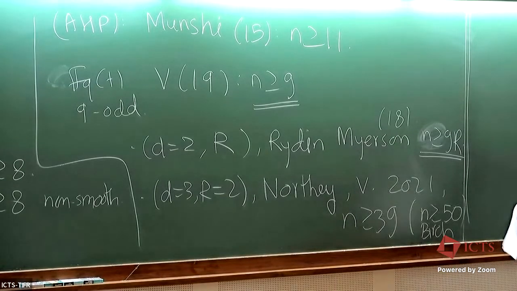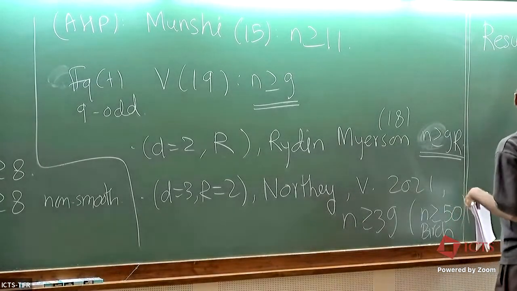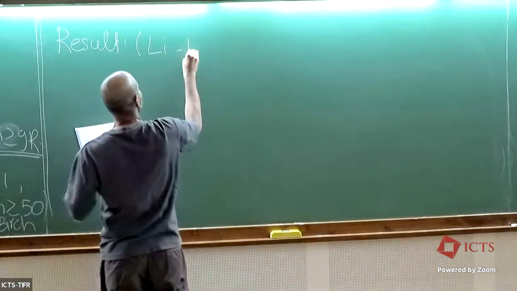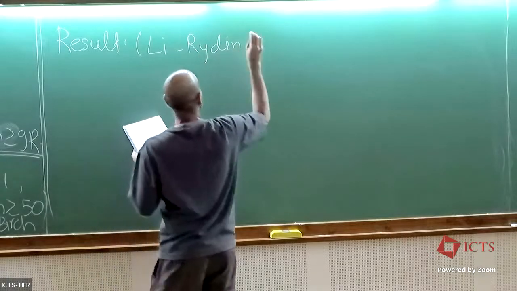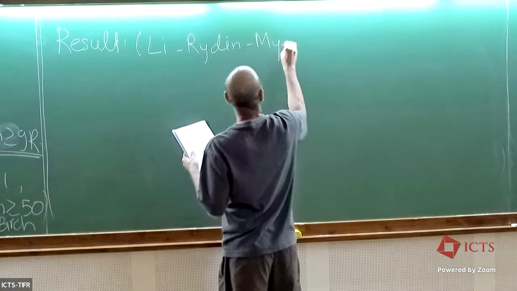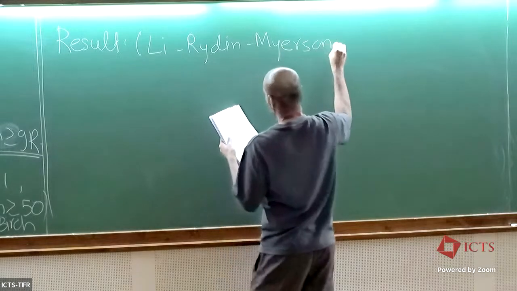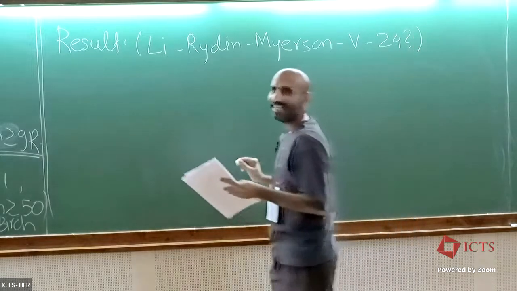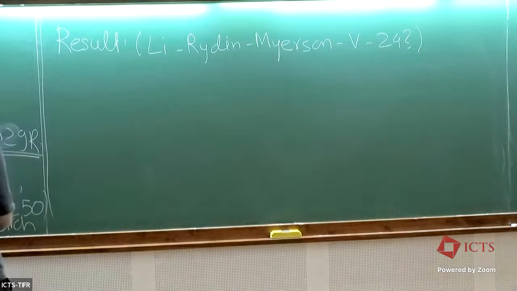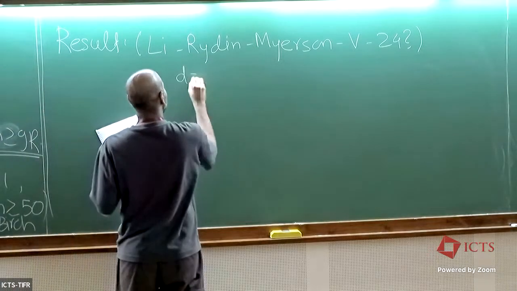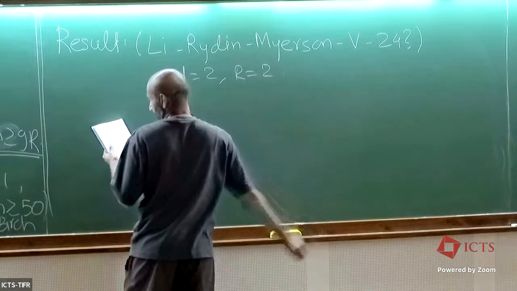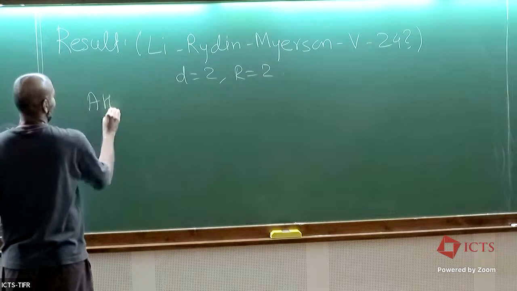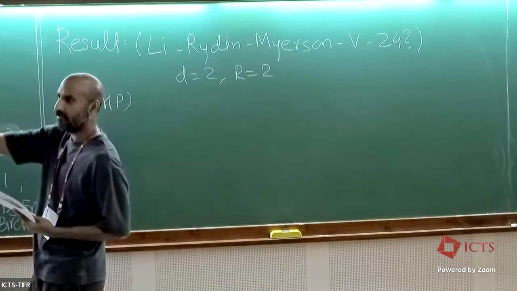Okay, so that brings me to our current application of the delta method. Again, this is joint work with Junshan, Simon, and myself. Again, I will dare to say 24. I think it should be out very shortly. We are looking at 2 smooth quadrics. Then we prove an asymptotic formula. Whenever I say HP, I mean an asymptotic formula of that type.